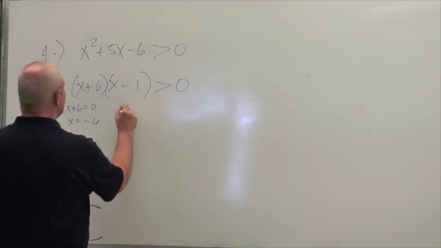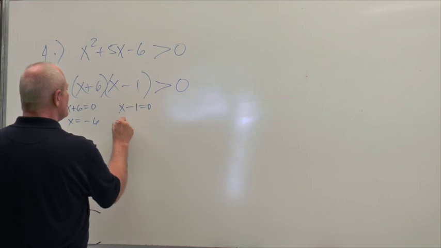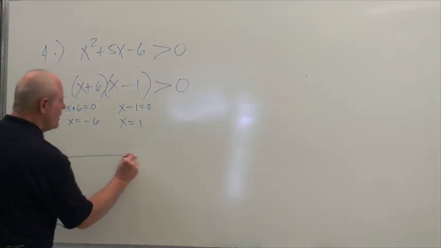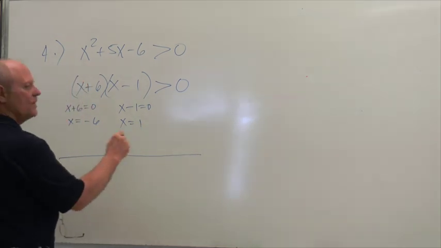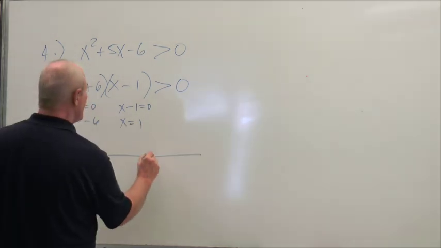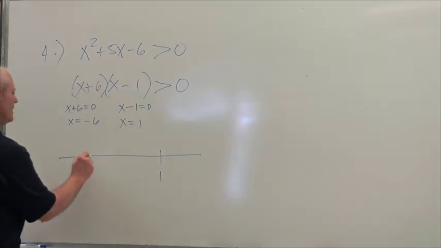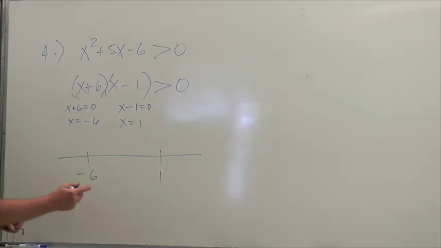This one's going to yield what? X is equal to 1. Now I'm going to draw both of those critical values on the number line here. This is 1. And relatively speaking, negative 6 is to the left, true?